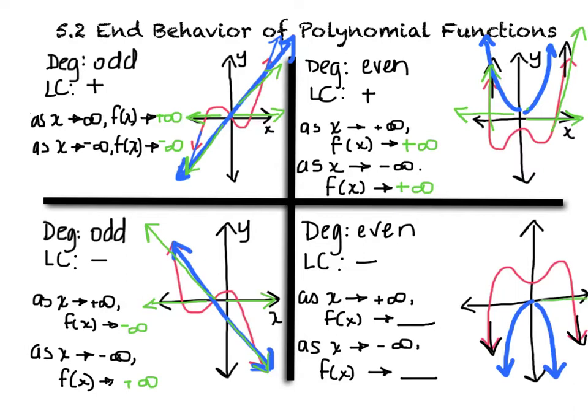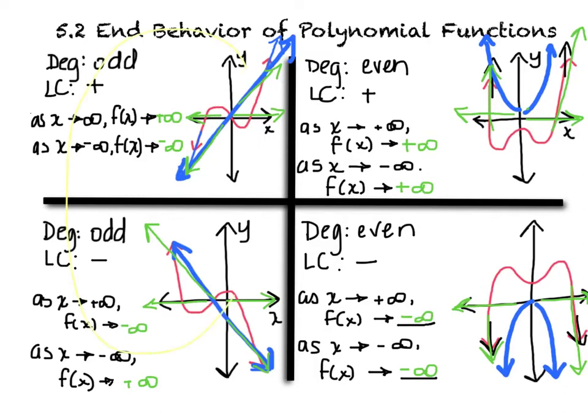As x gets bigger, you can see my function is getting smaller. As x gets smaller, my function is getting smaller also. So you can see on the odd behaviors, so these graphs over here, let me see if I can find something light.